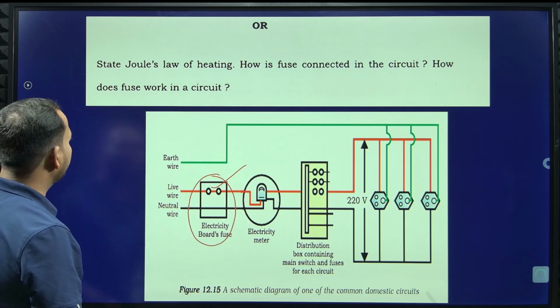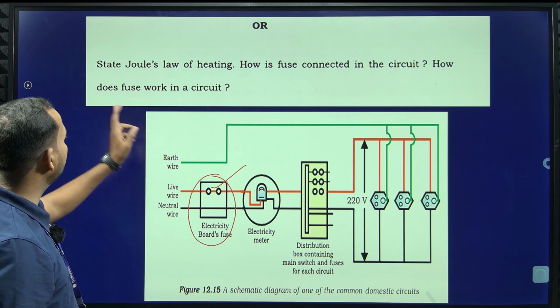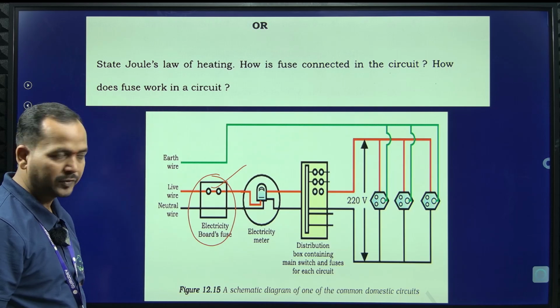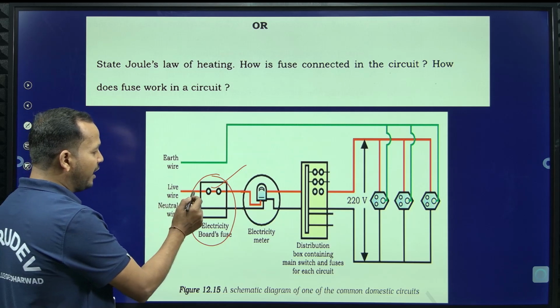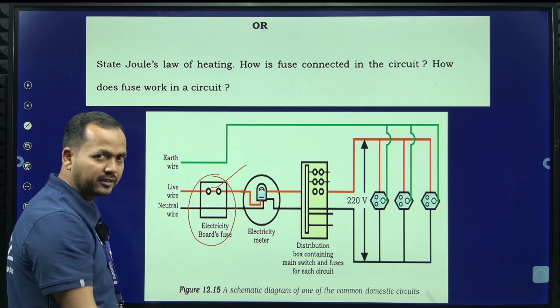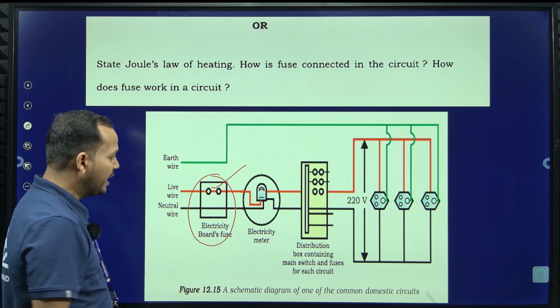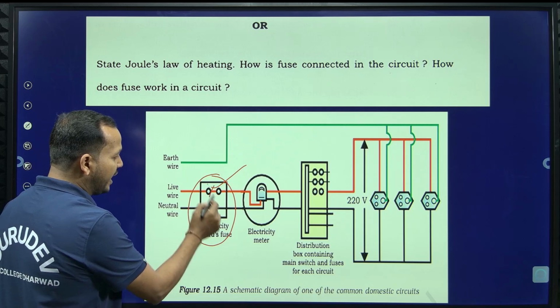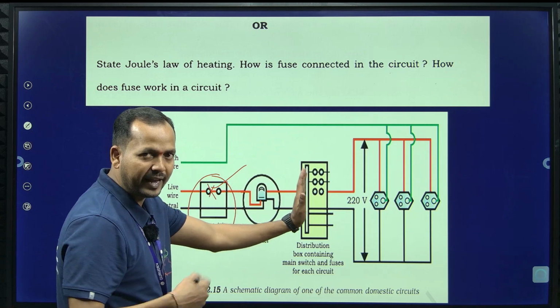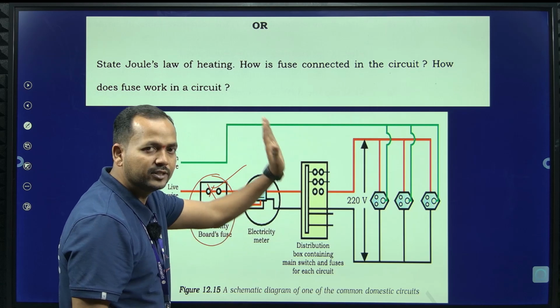Okay guys. Next, how does a fuse work in a circuit? See here, in the live wire, suppose any high spike, high electric current occurs. At that time the fuse breaks, and our further home appliances will be secured.